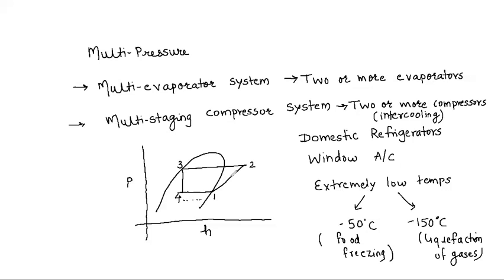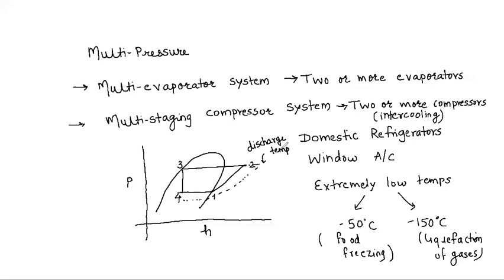So at very low temperatures, one would encounter losses and the coefficient of performance would be reduced. Similarly, not only that, the compressor discharge temperature is also higher, and that might affect the life of the compressor.